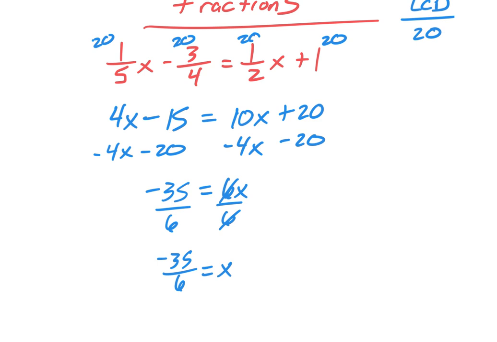Is there anything that goes into both 35 and 6? Yeah, so just think about some things that go into 6. 2 goes into 6, right? Would 2 go into 35? No. 3 goes into 6. Does 3 go into 35? No. 6 definitely doesn't go into 35. Exactly. So that would be our answer, guys. Negative 35 over 6.